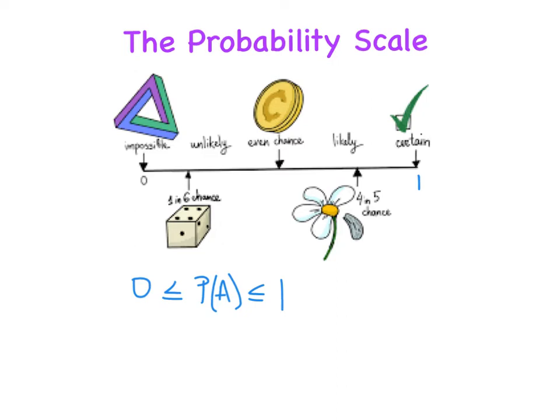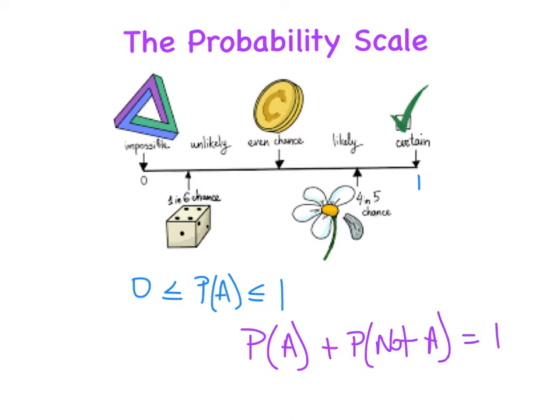Then obviously, as we reminded ourselves the other day, very importantly, the probability of an event happening and the probability of it not happening all add up to give you 1, which means if we want to get the probability of something happening and we know the chances of it not happening, we can just rearrange this algebraically.